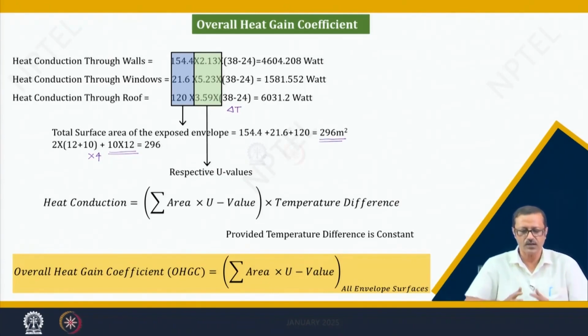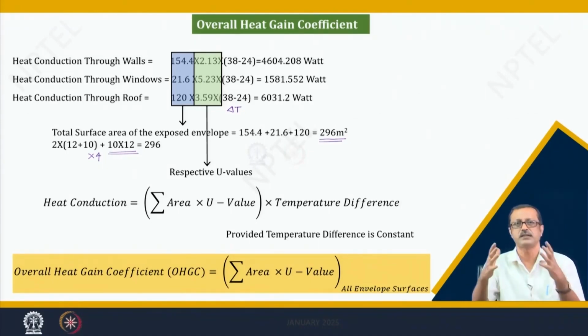And this overall heat gain coefficient, which is the multiplication of the corresponding area and the U value of the different materials of the envelope, comes from our architectural design of the building, because surface areas and the material U values are decided by me. If I multiply with a different temperature difference, I will get a different heat gain value. So, whenever the architecture of the building is fixed, this OHGC is fixed.